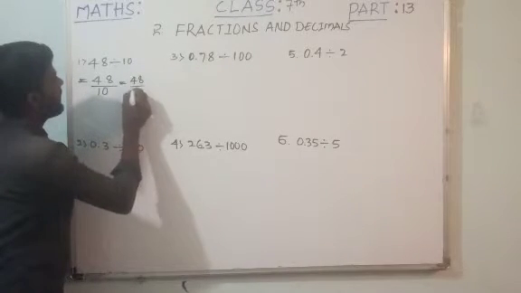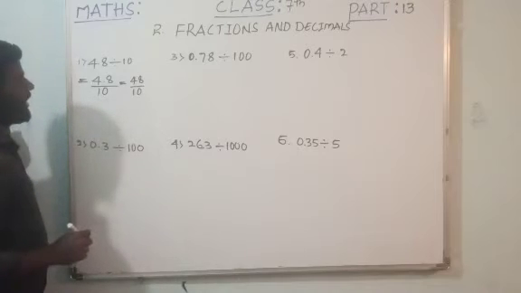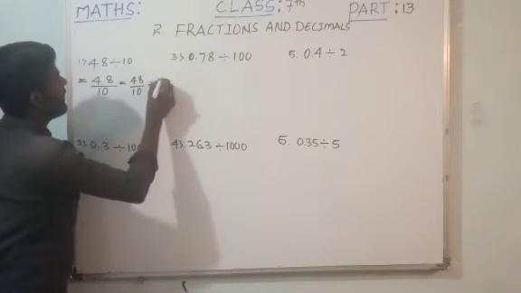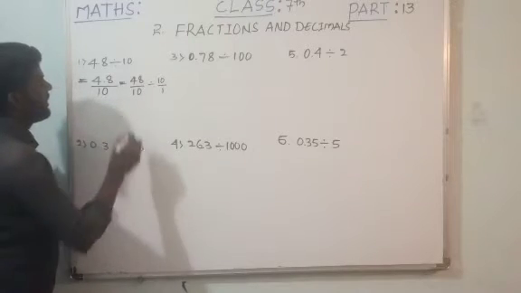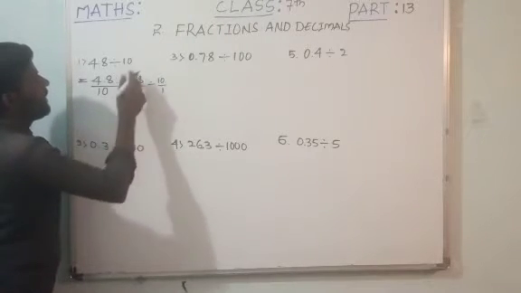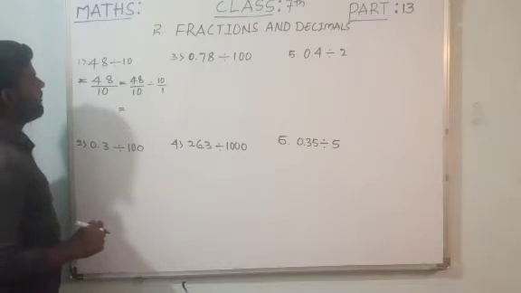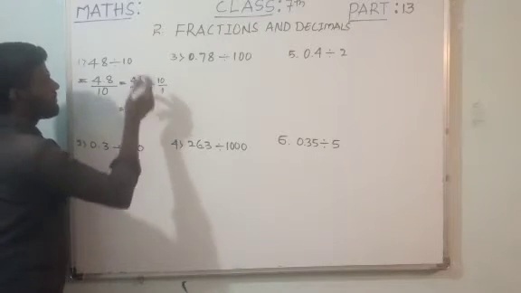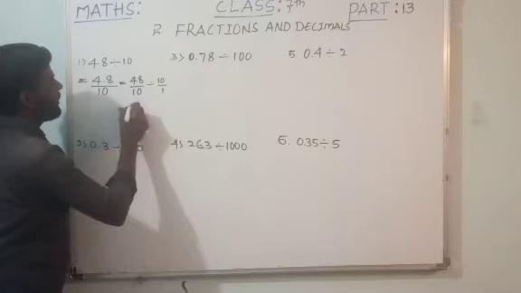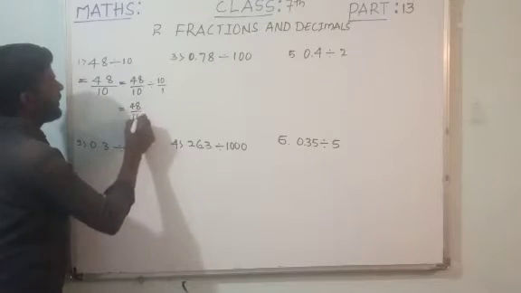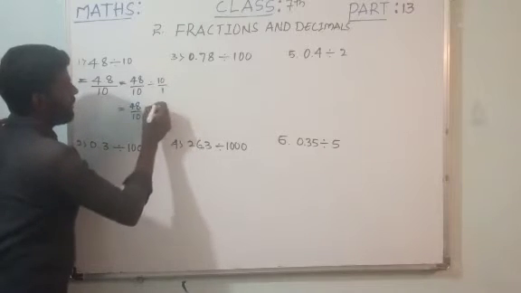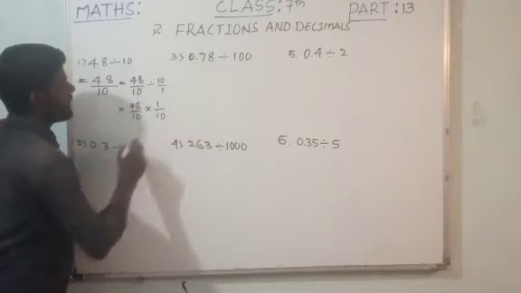4.8 I can write as 48 by 10. Then 48 by 10 divided by 10 by 1 becomes 48 by 10 into 1 by 10.